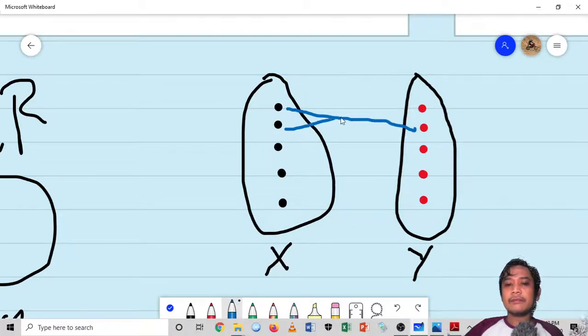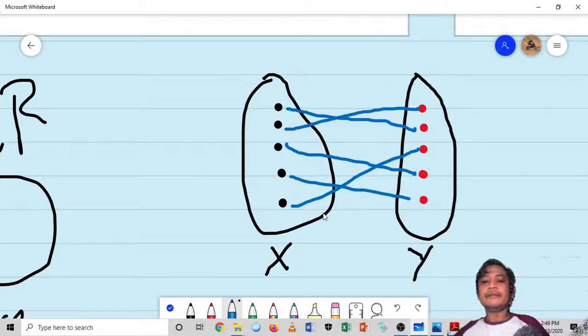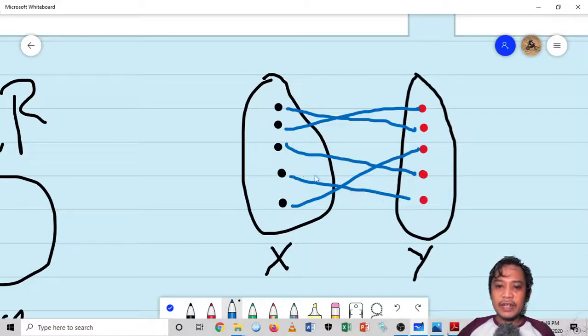This element is being paired with this one. This element is paired with this. And this element is paired with this one. This element is paired with this one. Okay. Now, we see that each element in Y was paired with exactly one element in X. So we see that this is a one-to-one function.